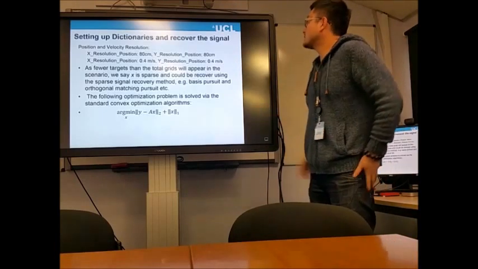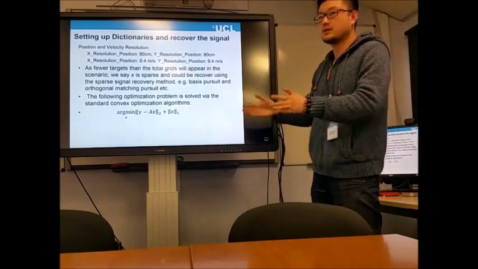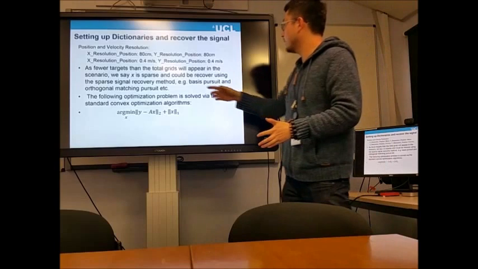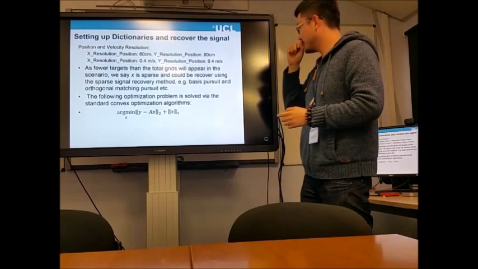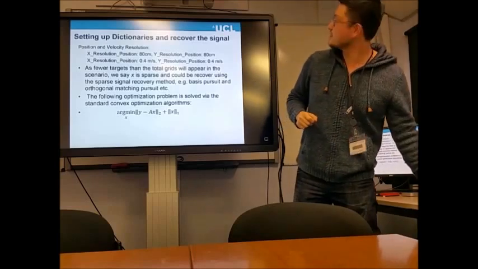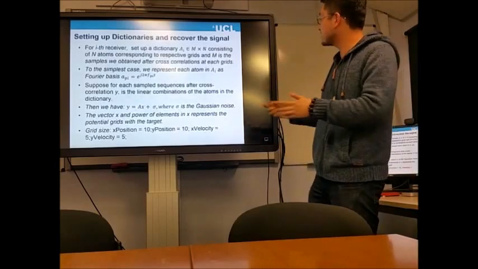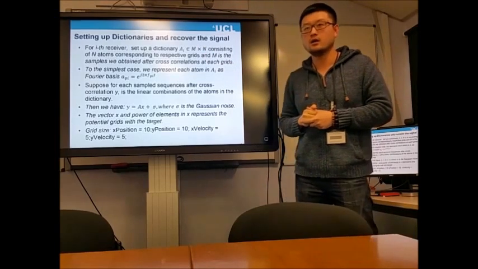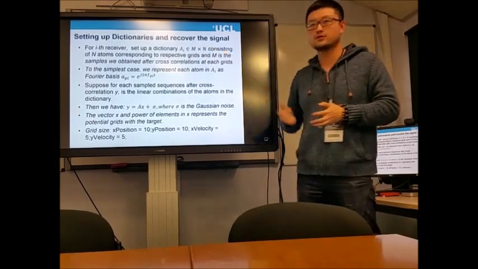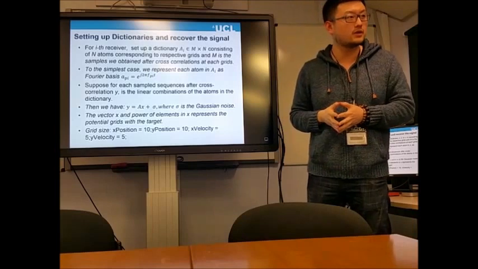Yeah, so we got the resolution based on these grids and the limits. And I neglected to mention that n is much larger than m. It is because if n equals m, it is the traditional FFT.